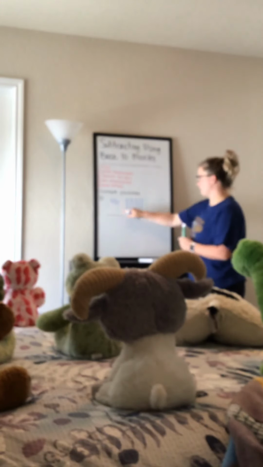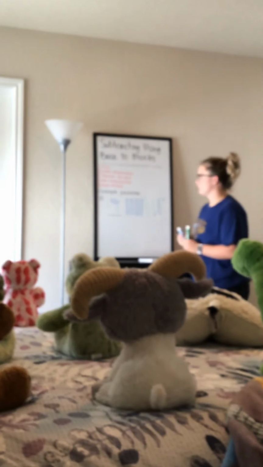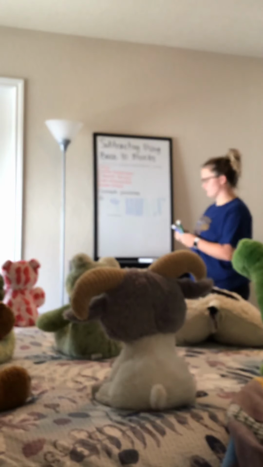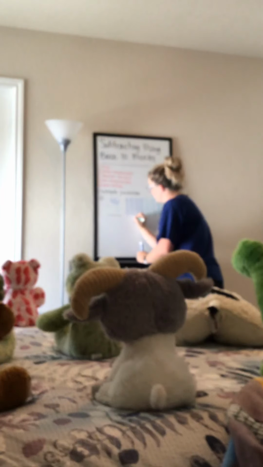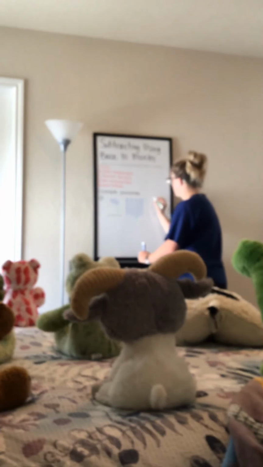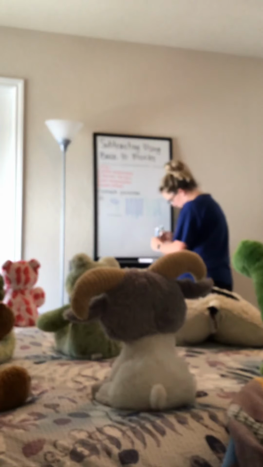So our bottom number is 7, so we're going 1, 2, 3, 4, 5, 6, 7. And then our fourth step is to count the leftovers. So we have 1, 2, 3 tens, and 1, 2, 3, 4, 5, 6, 7, 8, 9 ones. So our answer will be 39.